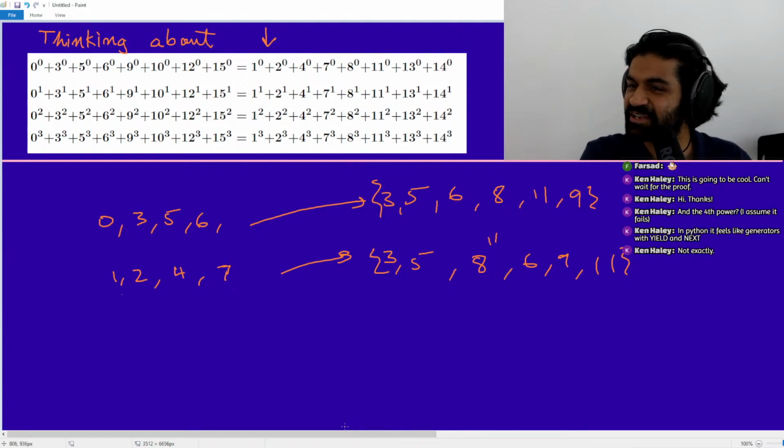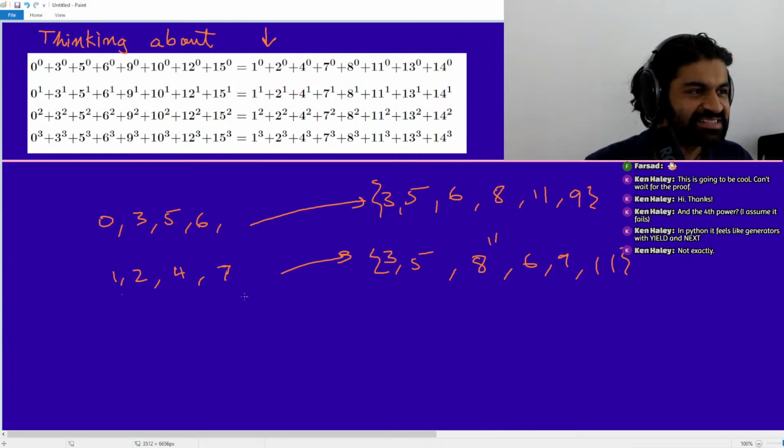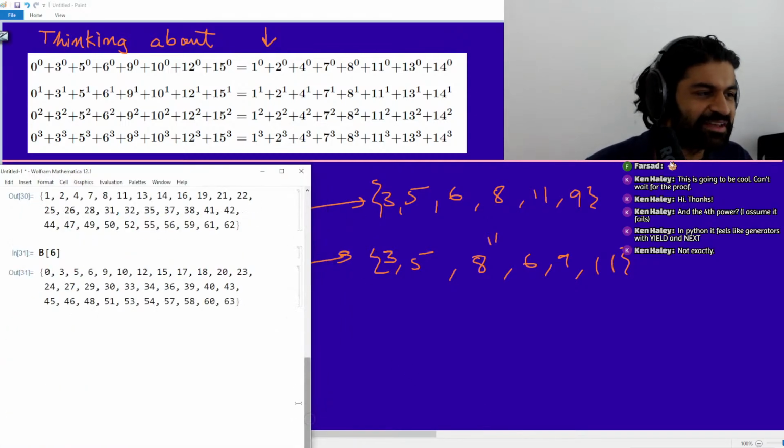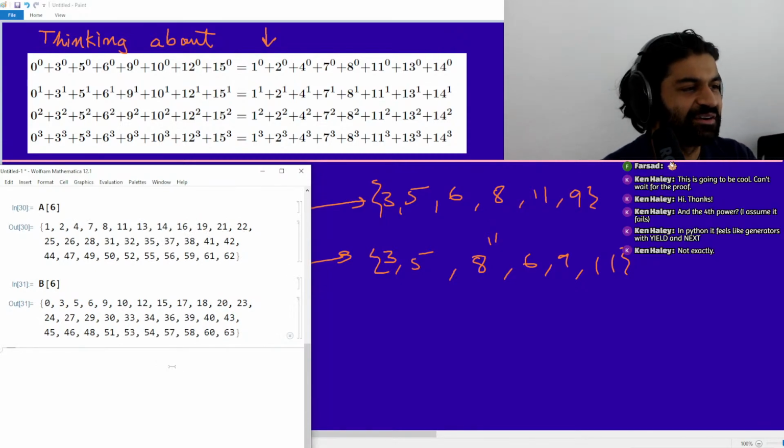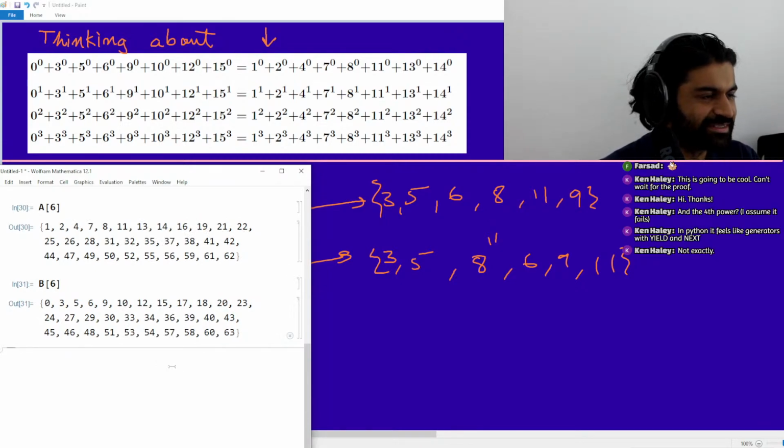This is another really curious property of these sequences, and I believe this was only proven in the 60s, believe it or not. So if you don't believe this, you can ask the calculator to compute all pairwise sums of A6, for example.